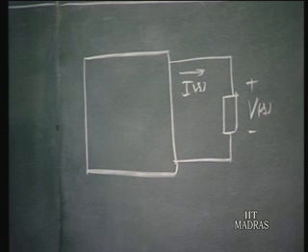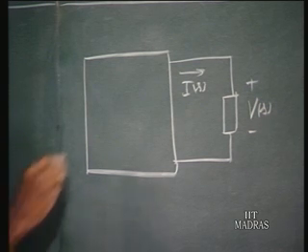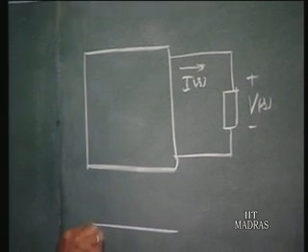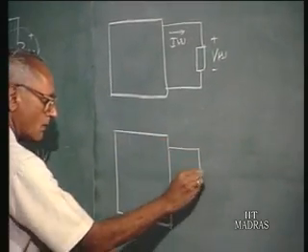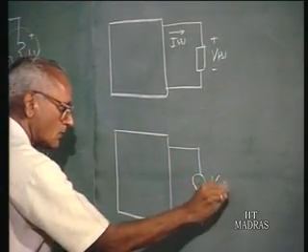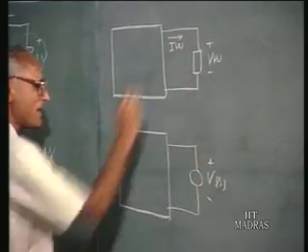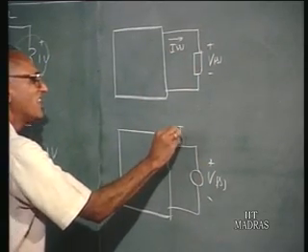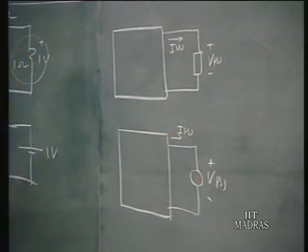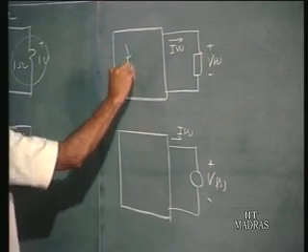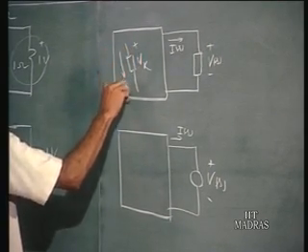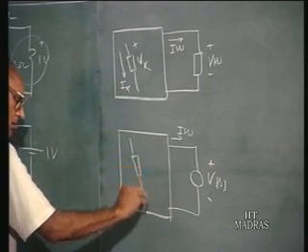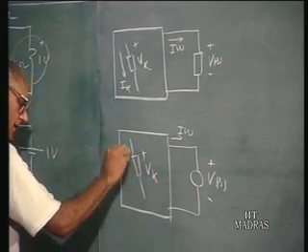Now what this substitution theorem tells us is that in this network, if you replace this element by a voltage source whose voltage is Vs, which is the same as this, then all the other conditions in the network will remain the same. Suppose I have an element here whose voltage is Vk and whose current is Ik. This will continue to be Vk and the current will be Ik.